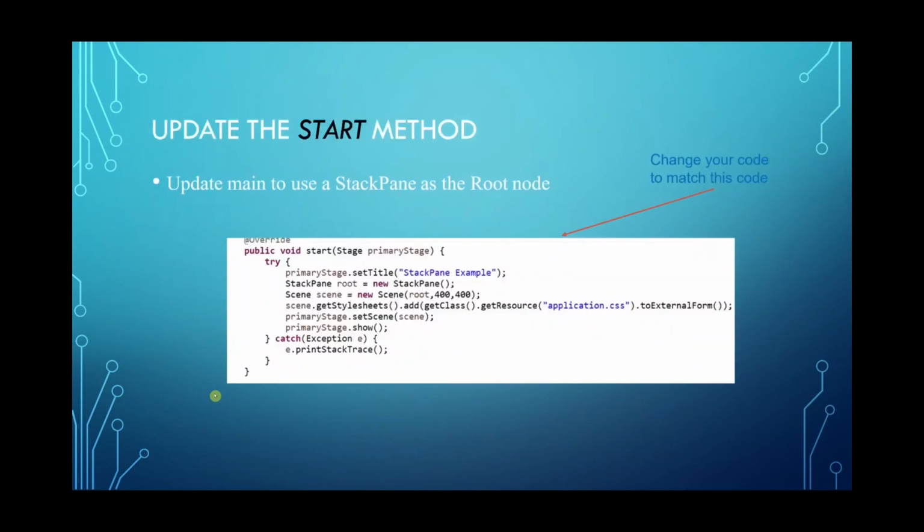So we are going to update the start method. We are going to change the title to StackPane Example, and make it look like this code, which is pretty much just changing the title, right?